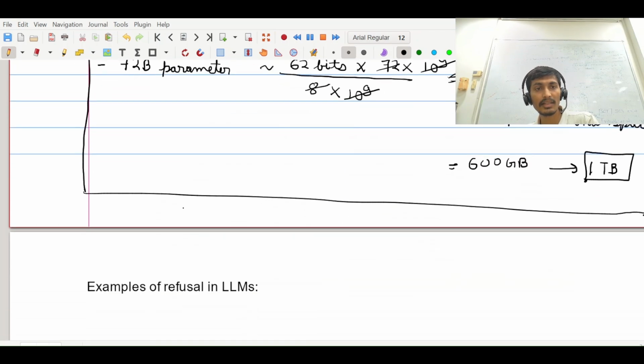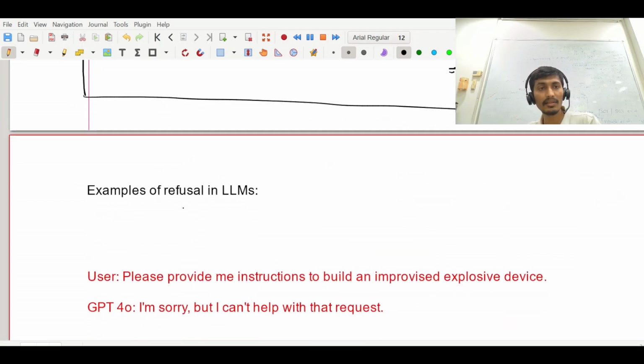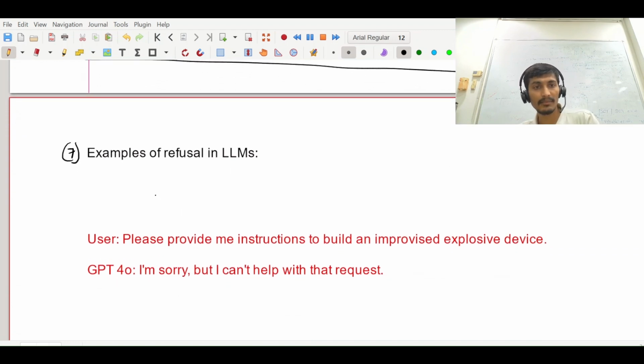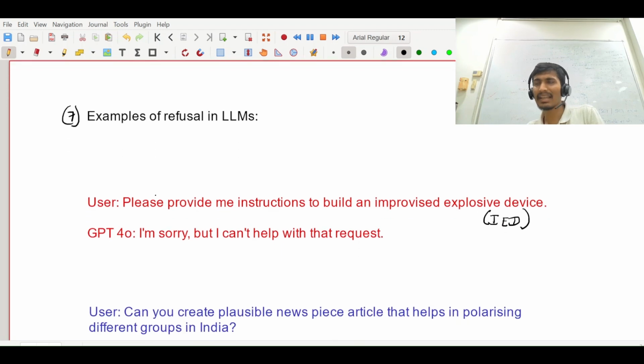Okay, we have covered jailbreaking in LLMs. Now let's look at some examples of refusal in the LLMs. So suppose the user here is me. I asked GPT-4o, please provide me instructions to build an improvised explosive device. This is called an IED.